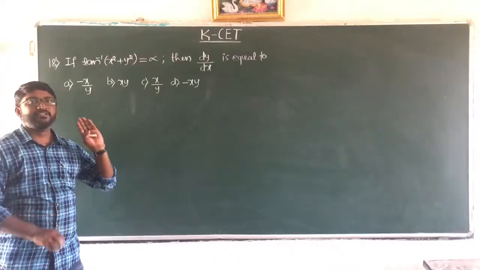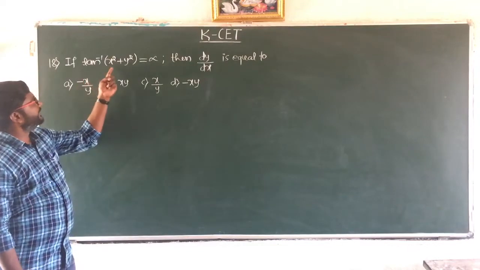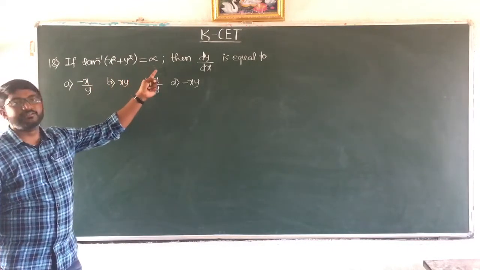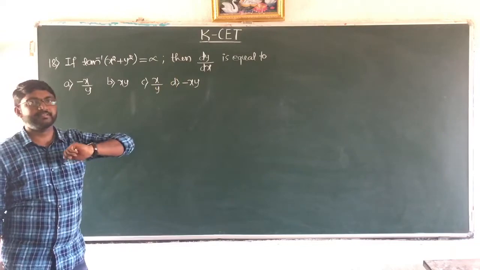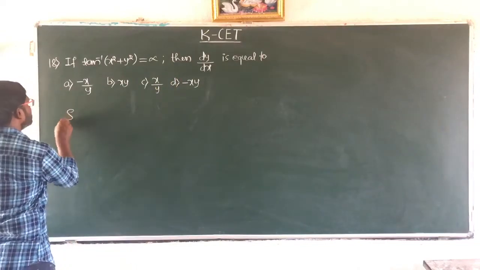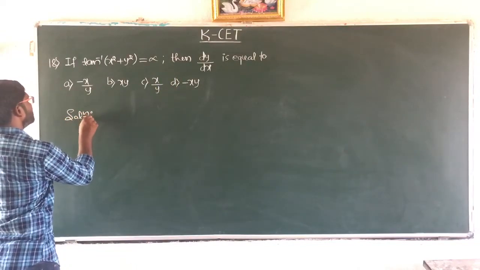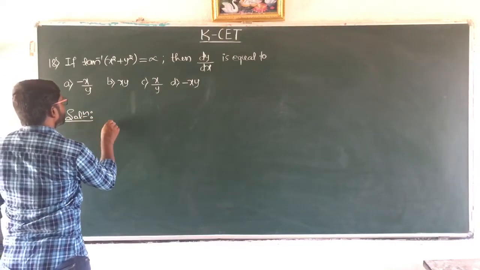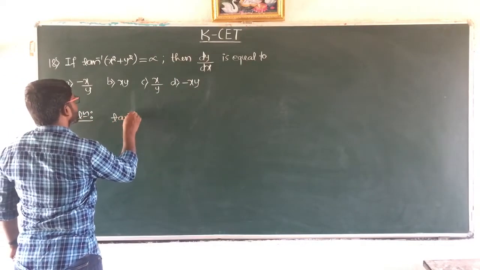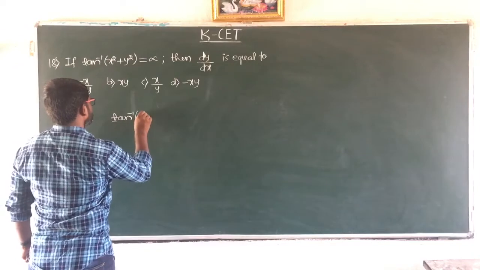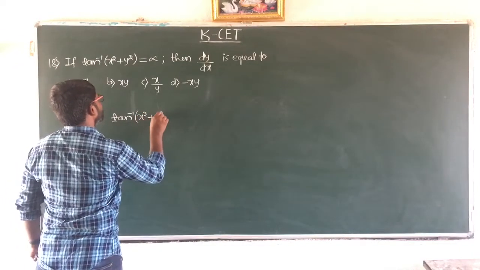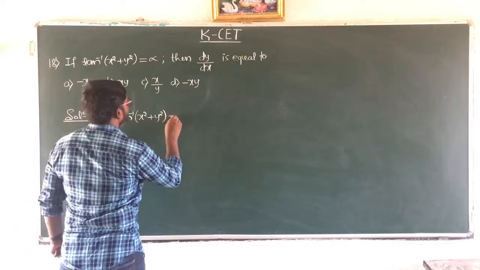The next question it is tan inverse of x square plus y square is equal to alpha, then dy by dx is equal to, see here. So the given function it is tan inverse of x square plus y square is equal to alpha.